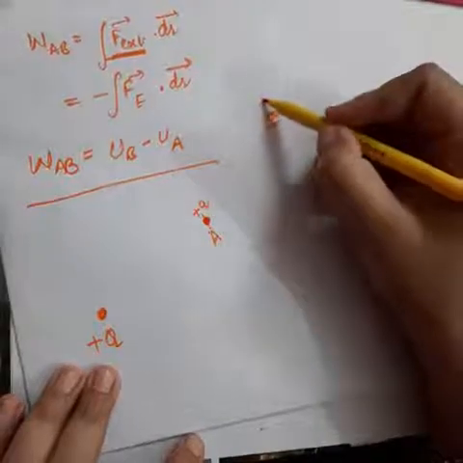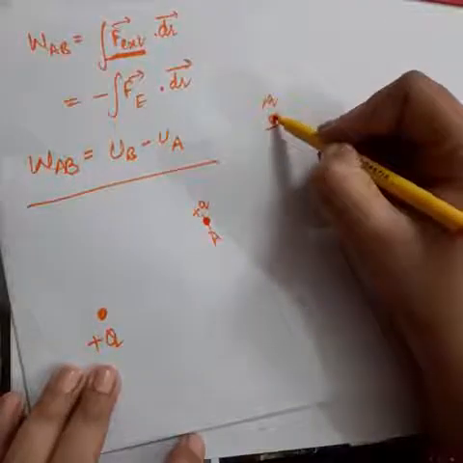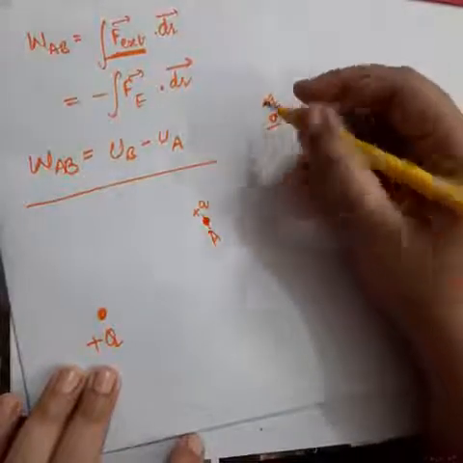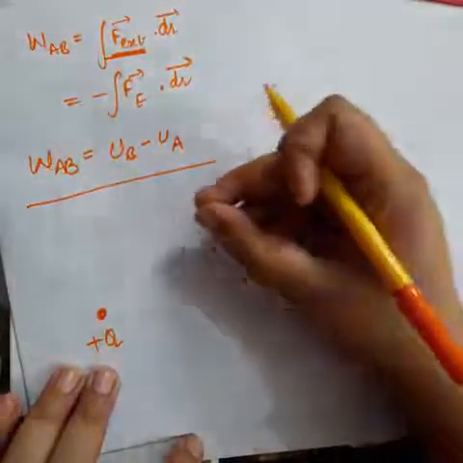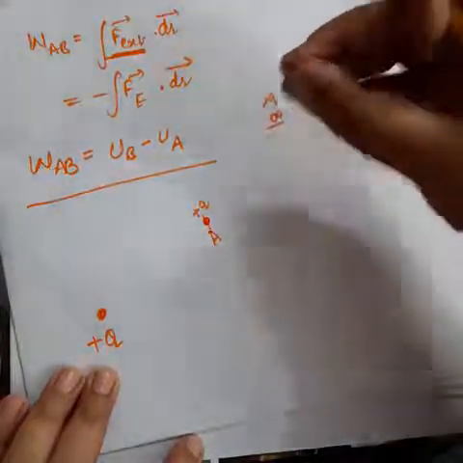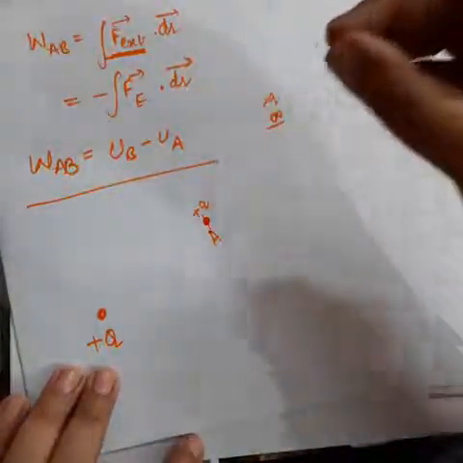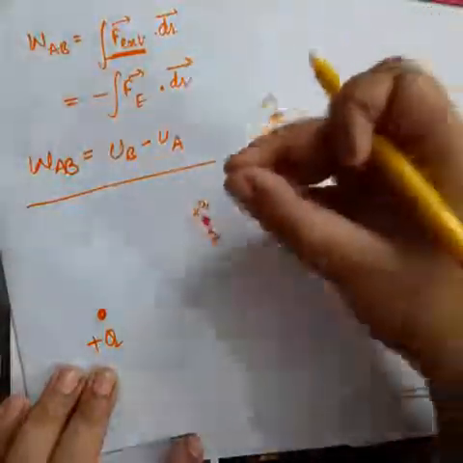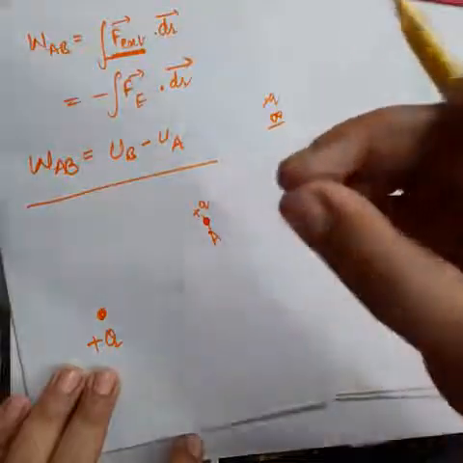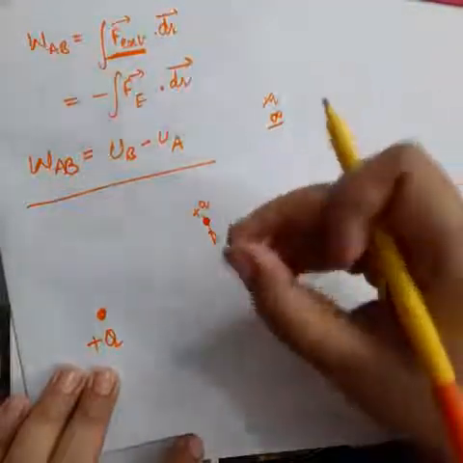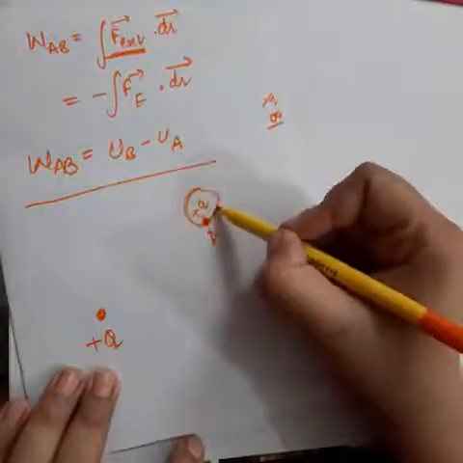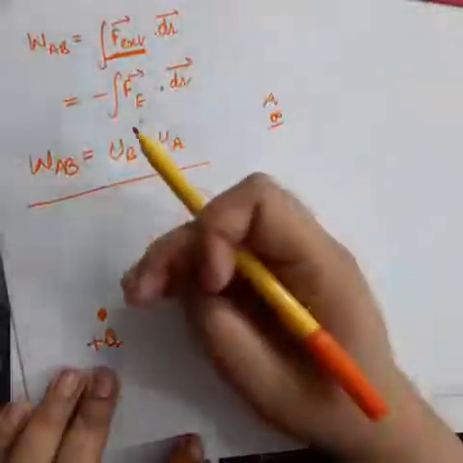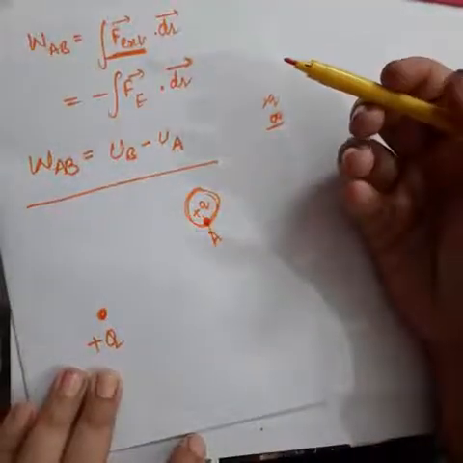Now suppose you bring plus Q charge from infinity to this point A. So you are coming from infinity bringing this charge, so don't you think earlier you were in a no electric field zone, but now when you are taking it here, you are entering the electric field zone. So don't you think all of a sudden this charge would refuse to go straight towards this charge, because repulsion will start there.